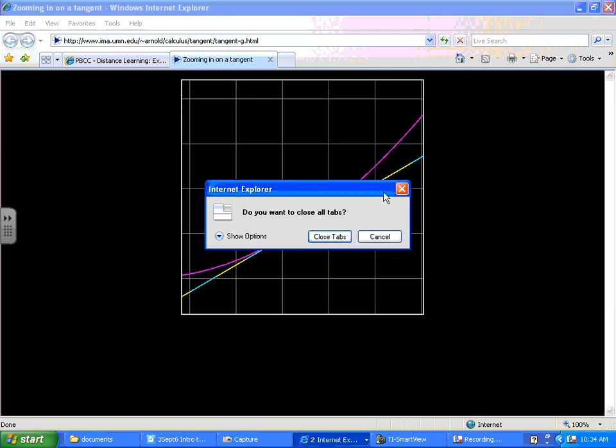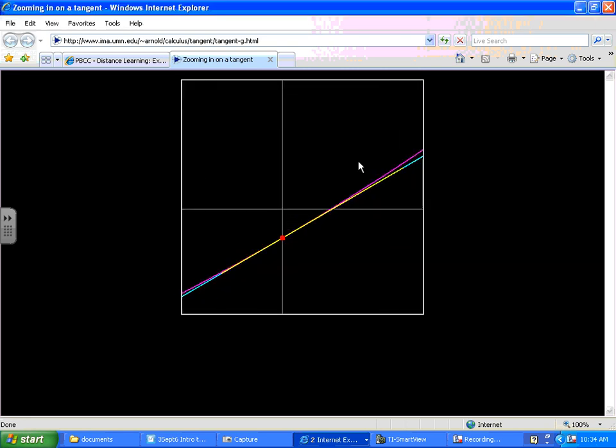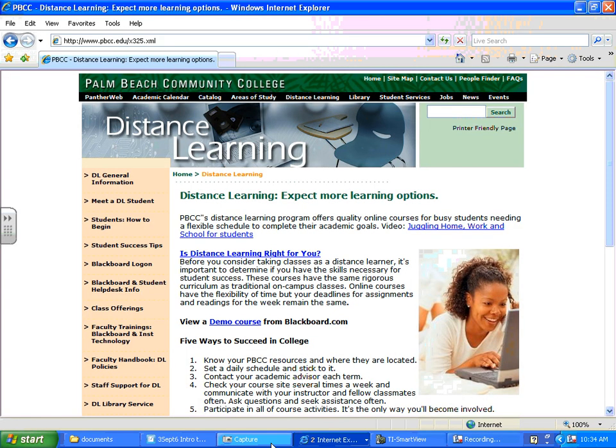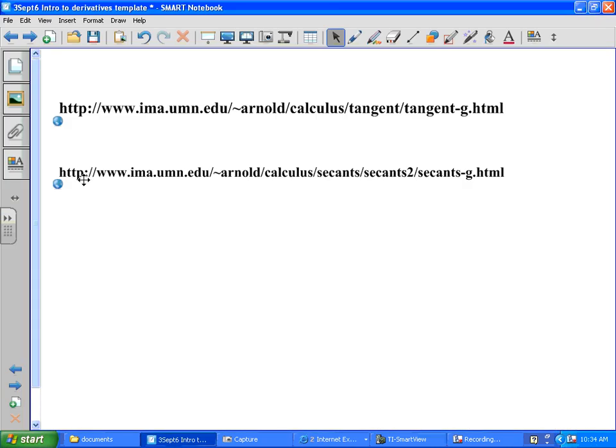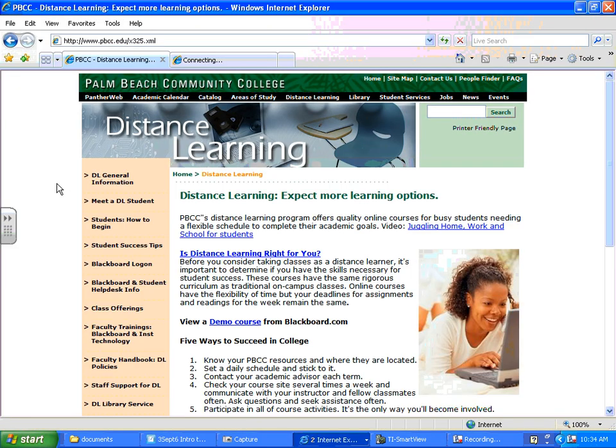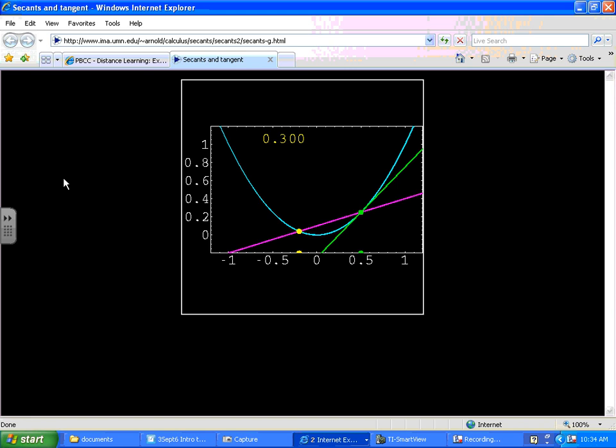And there's another one I want to show, which is this one. This one is going to show us the secant lines. As the secant line moves closer and closer to that point, you see it ends up being the tangent line. The secant lines are approaching, and we end up with a tangent line. Now, we know how to handle the secant lines. That's what you did in your cases, 3 and 3.5 seconds, 3 and 3.1 seconds.